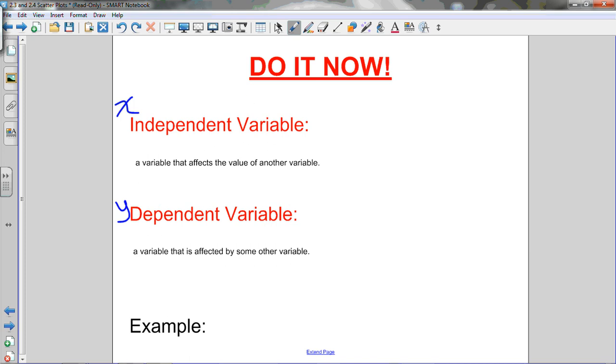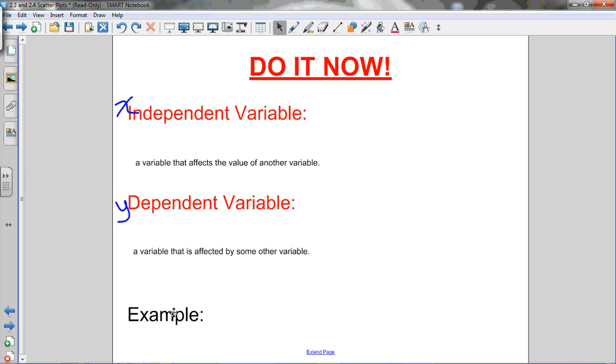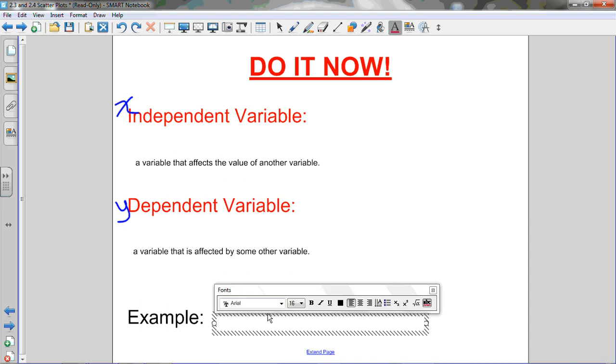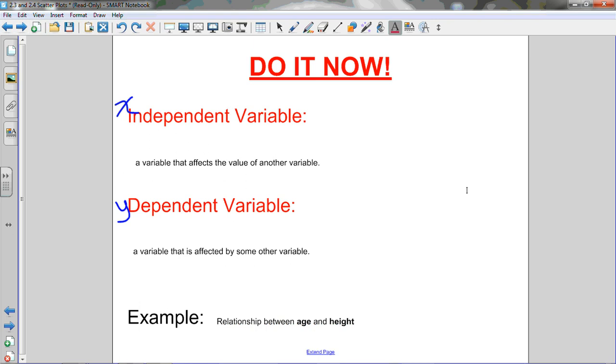Let me give you an example here that might help you see the difference. Let's say we look at the relationship between age and height. So I've got two variables here: age and height.